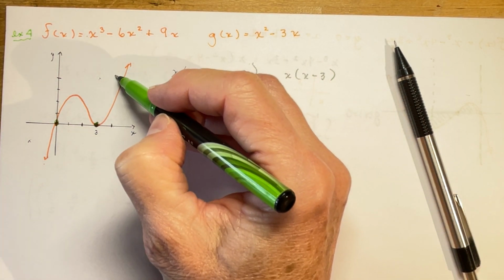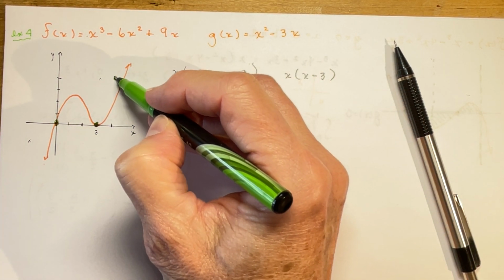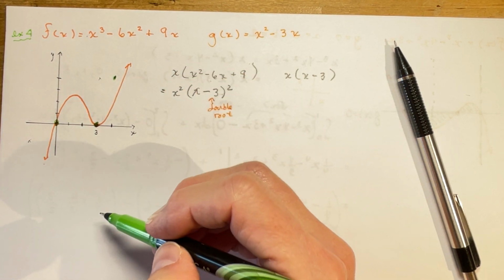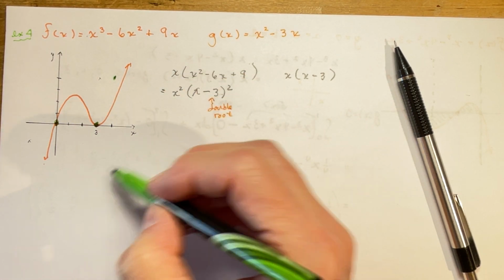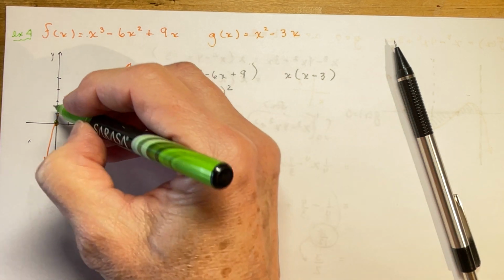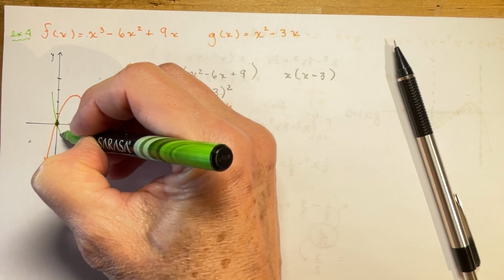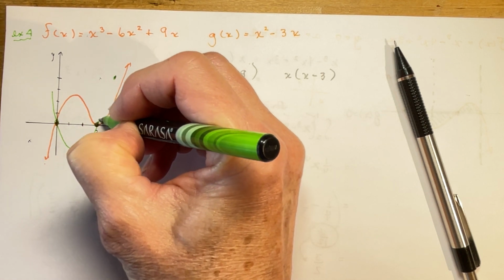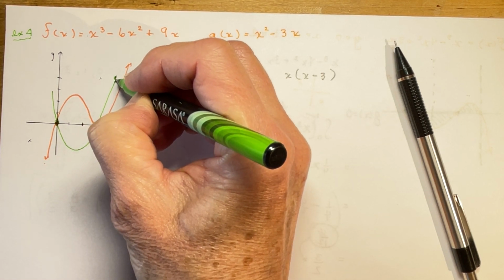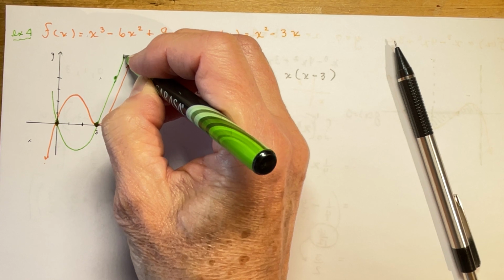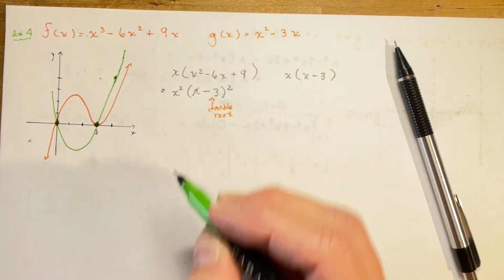So this one's going to go up to about here. And so it's going, what did we say, 0 and 3. So it's going to be going like this, and like this. And maybe this one's a little steeper.